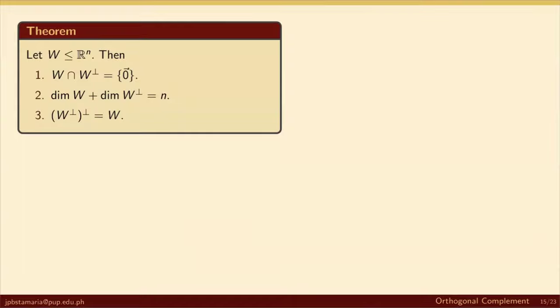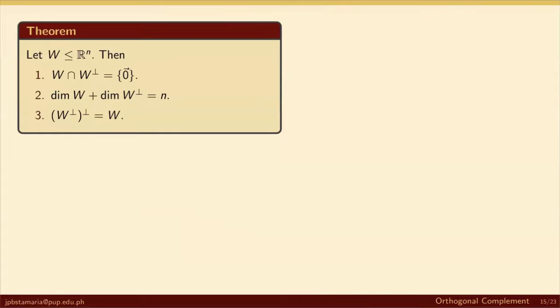Let's say W is a subspace of Rn. Number one, the only thing that can be found in both the subspace and its orthogonal complement is the zero vector. Whenever they intersect, they can only intersect at the zero vector.